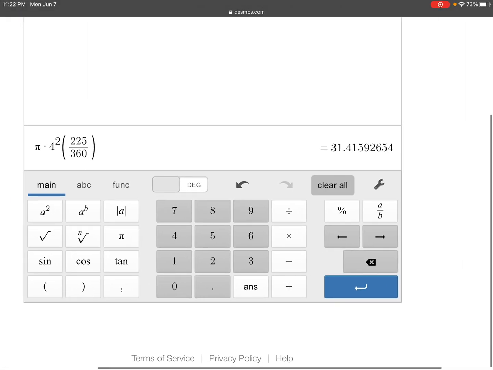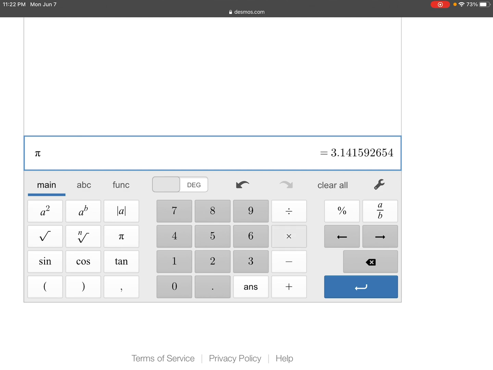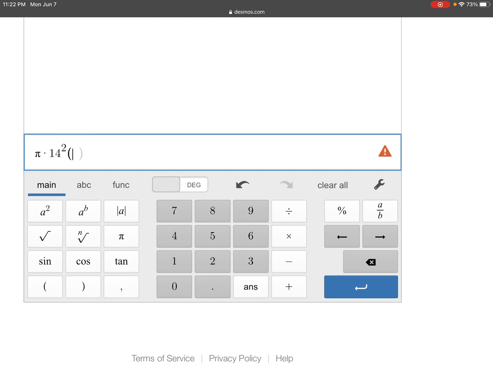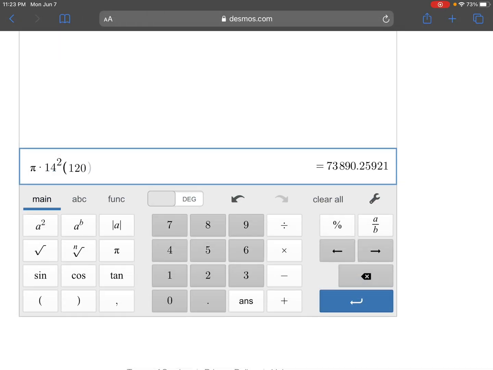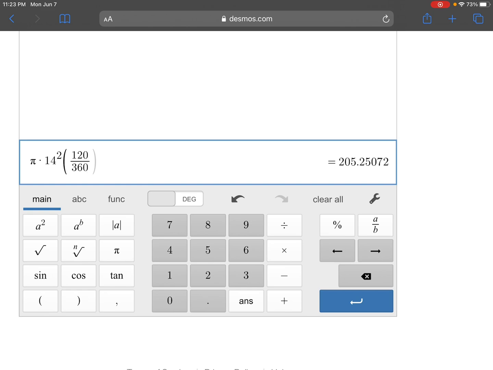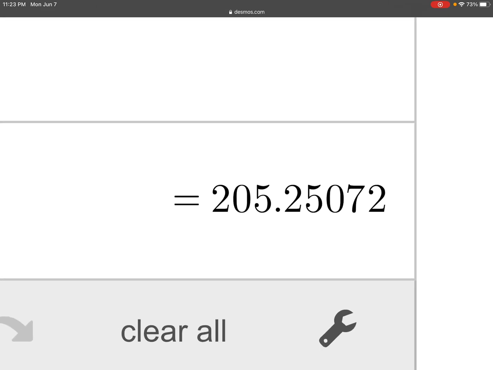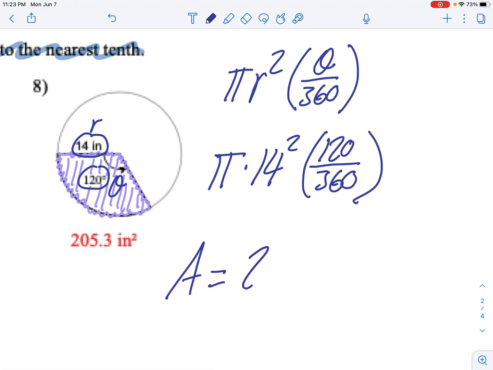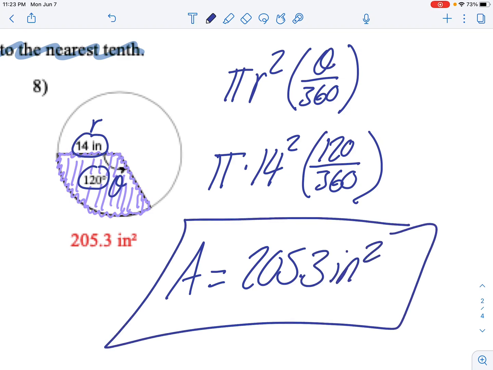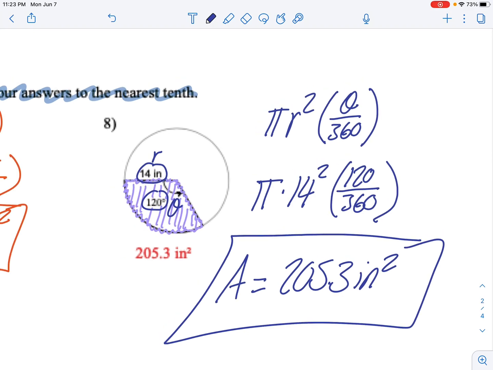And that, kiddos, is going to give us our area. So pi times 14 squared, parentheses, 120 divided by 360, gives us 205.2, but the 5 pushes the 2 to a 3, right? 205.3 inches squared.